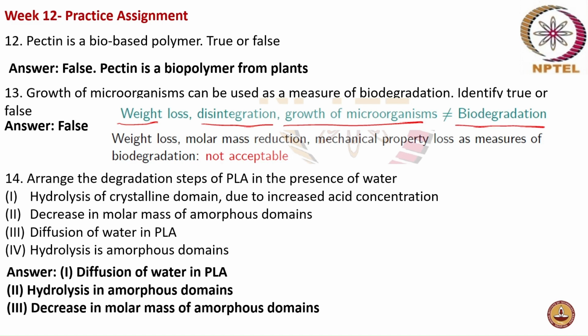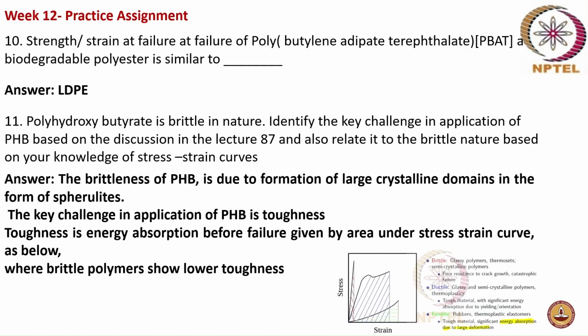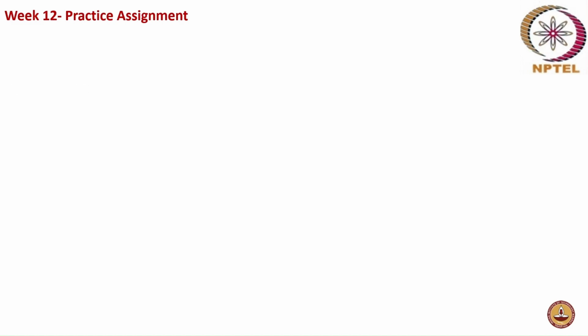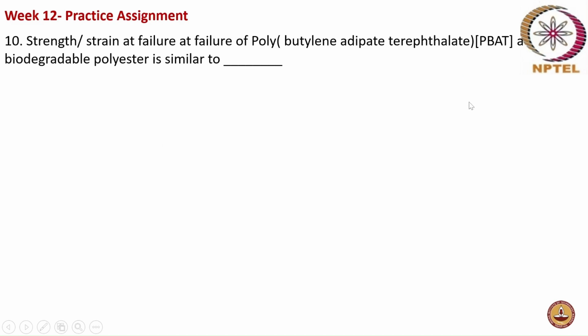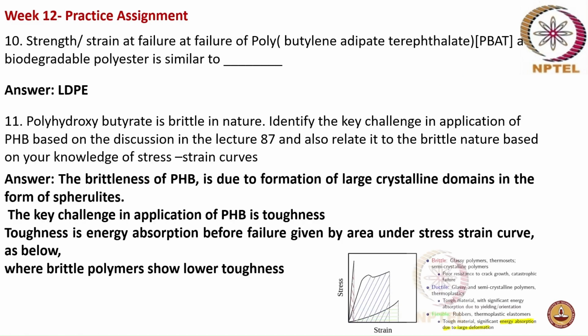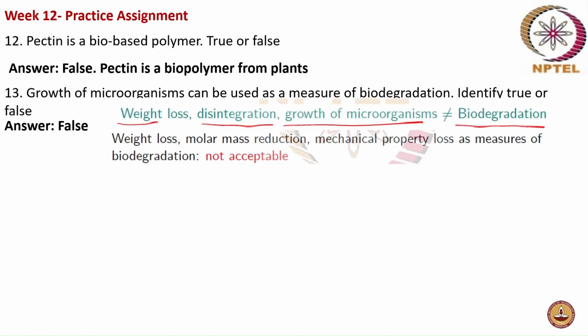Because your amorphous domain is getting hydrolyzed to acid and alcohol, as we have seen in one of the previous questions how the hydrolysis happens. You have the ester bond, COO bond, and because of the presence of water, it gets converted to COOH and OH.